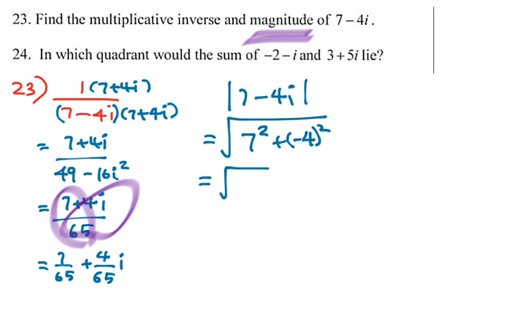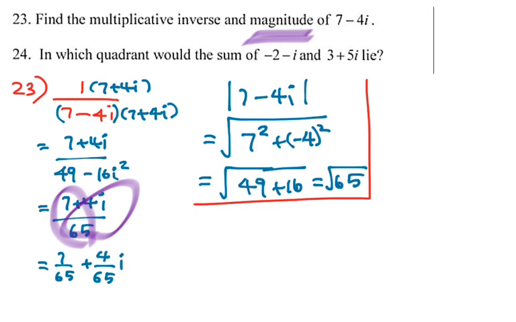Then we get 49 from the 7 squared and 16 from the second square. Then our final answer is the square root of 65. That becomes our final answer.